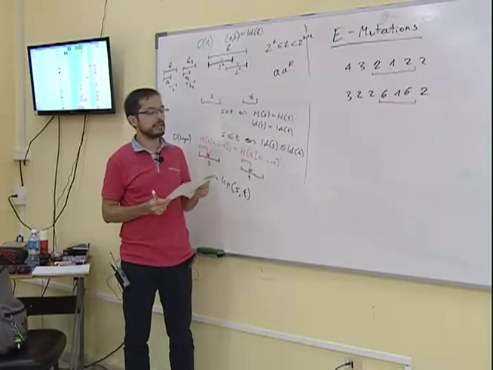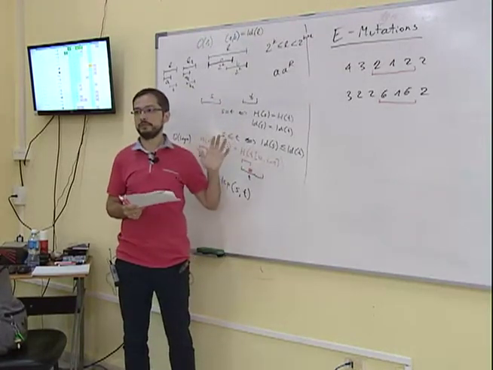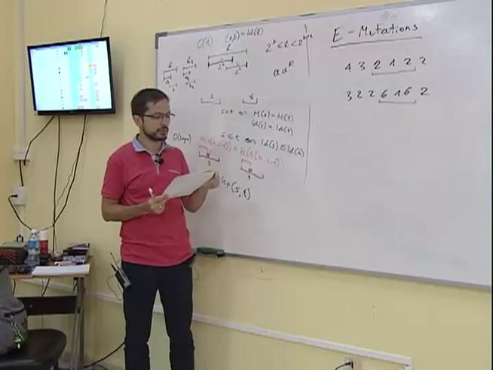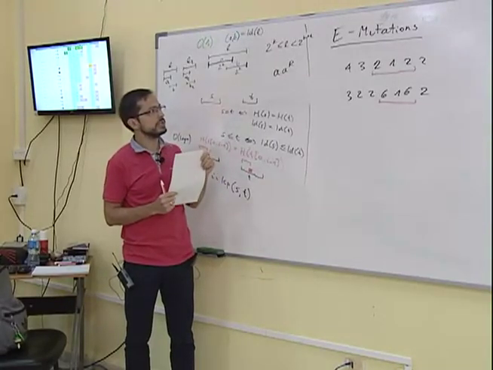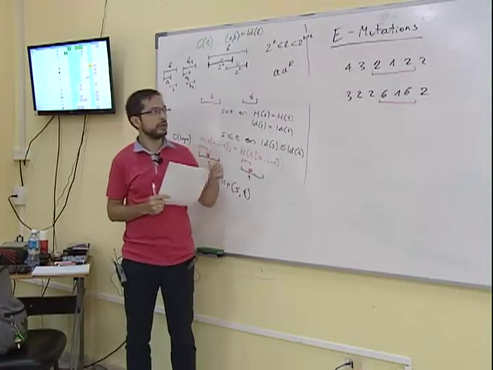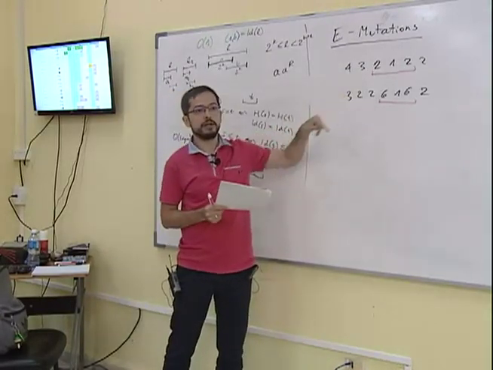Then we are asking whether they are similar, and there's this notion of similarity, which allows us to make one mutation in a string to get another string.